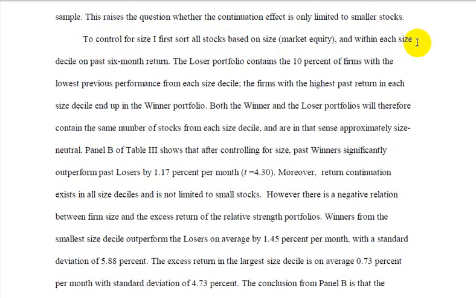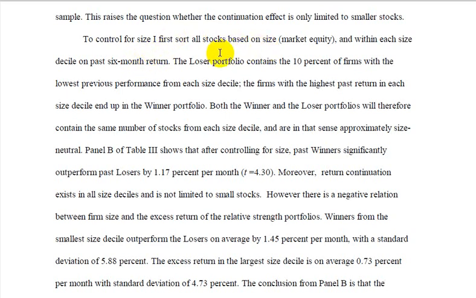size neutral portfolio. Just like we did previously with the countries, we're going to split up the stocks, rank them by size, and then put them into deciles. Then each of the deciles is split up into the past 6-month return deciles.